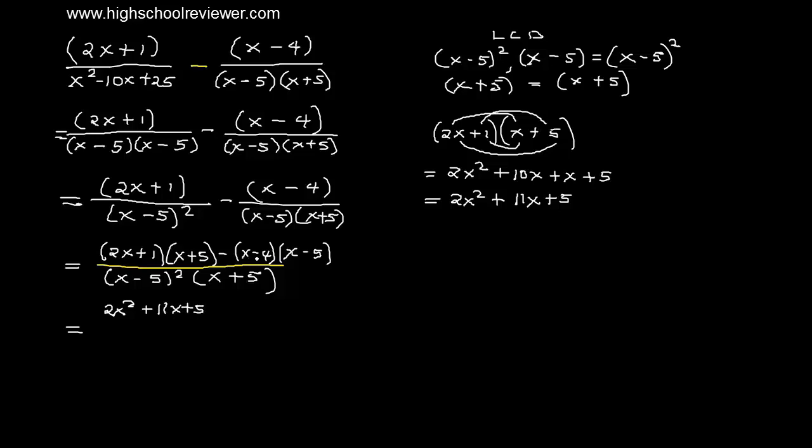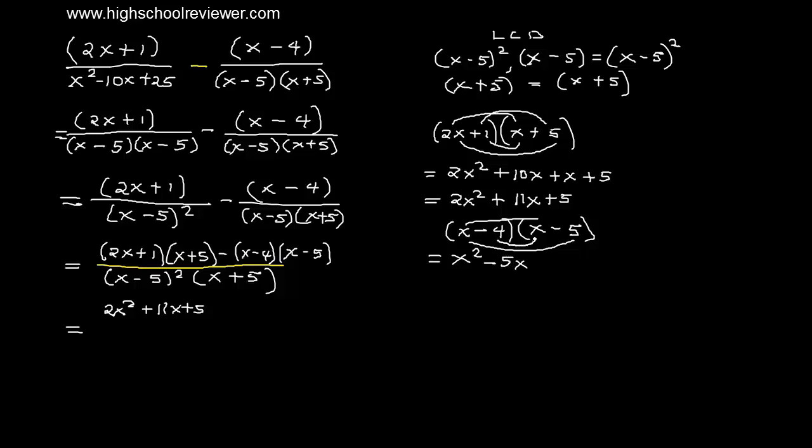And then we are going to multiply this also. So we have here x minus 4 multiplied by x minus 5. Again, using the FOIL method, we have x multiplied by x, this will be x squared. x multiplied by negative 5, that is negative 5x.